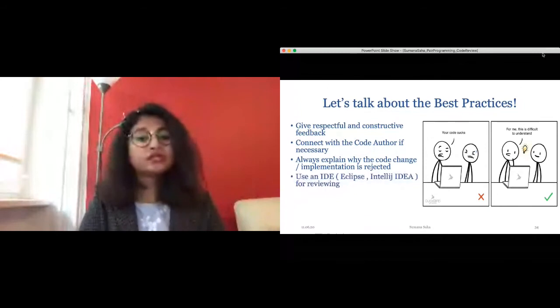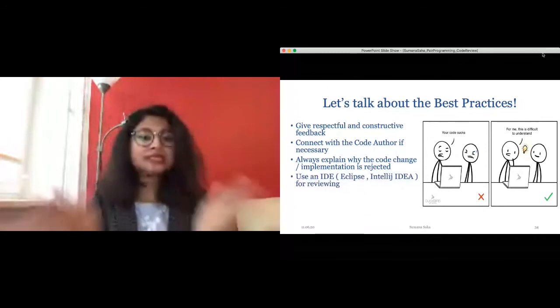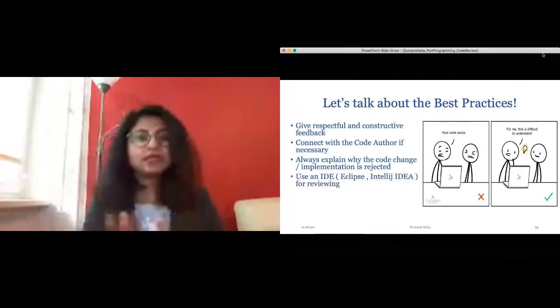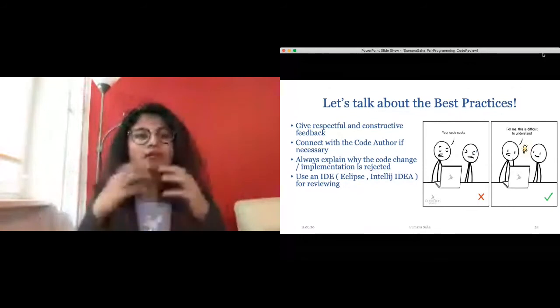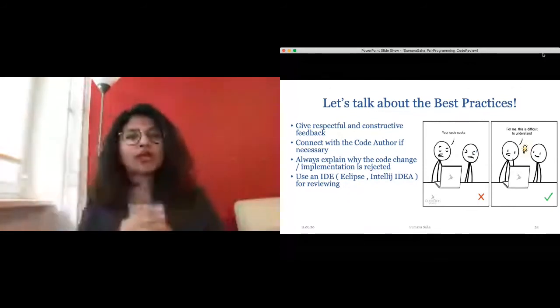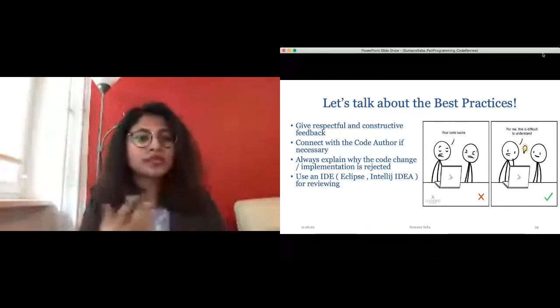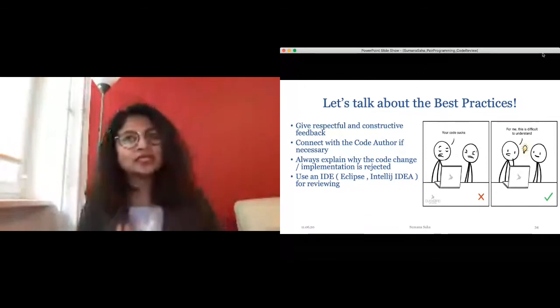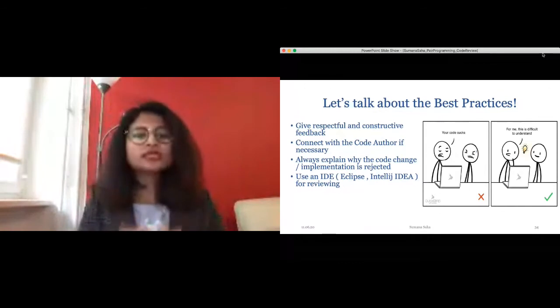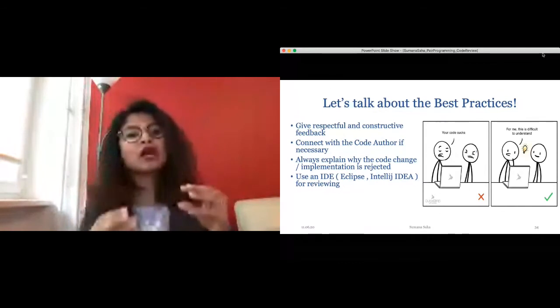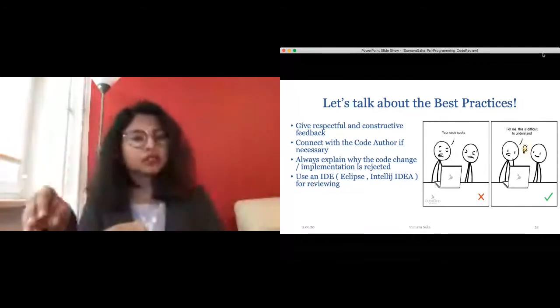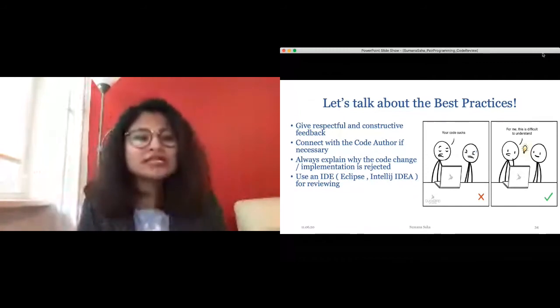Then use an IDE, an integrated development environment. Whenever you see a pull request in GitHub or Bitbucket, you don't really get a feeling for the code developed by somebody. You have to use the IDE to understand, because some utility files are being used in the code and you don't know where they are located.